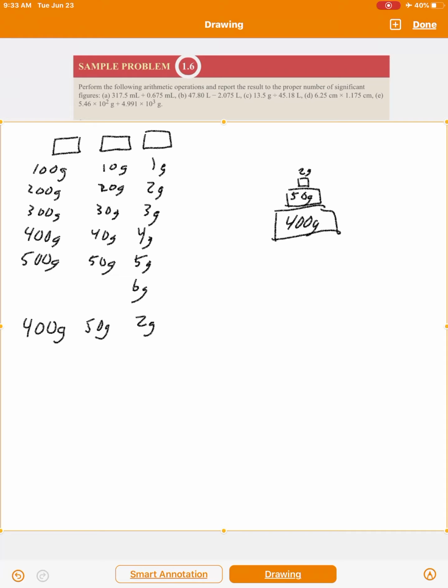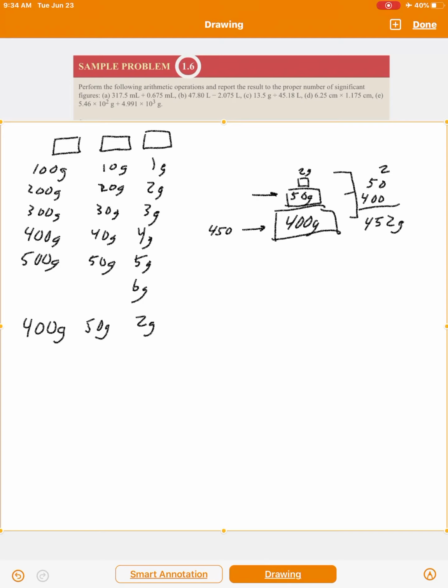So here's what we would say. This may not be intuitive, but if you add these together to find the total mass, and you just did the arithmetic, you would get 452 grams, right? But here's the thing. That 400 grams might have been 450 grams. So suppose it was 450.